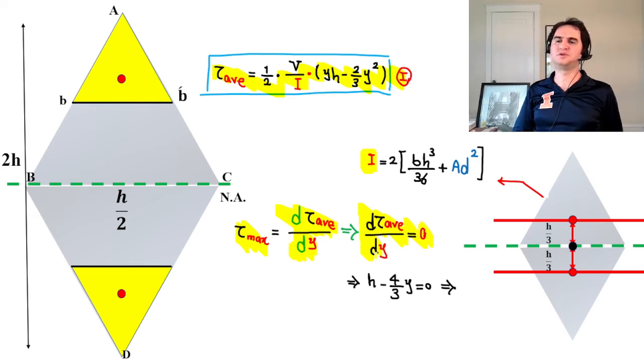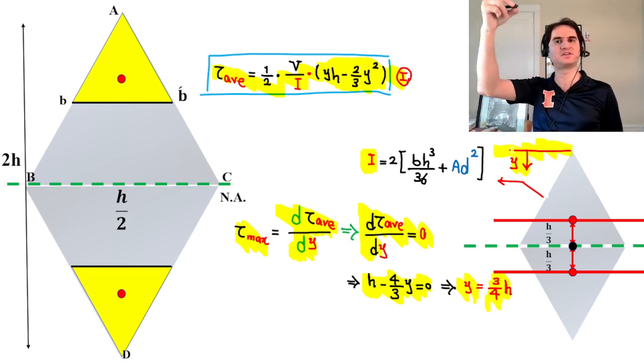If you do the math, it gives you the derivative of this part in equation 1: the derivative of yh is just h, minus 2/3 of y squared gives 4/3 of y. Setting it to 0 gives y equal to 3/4 of h, and we were calculating y from the very top.